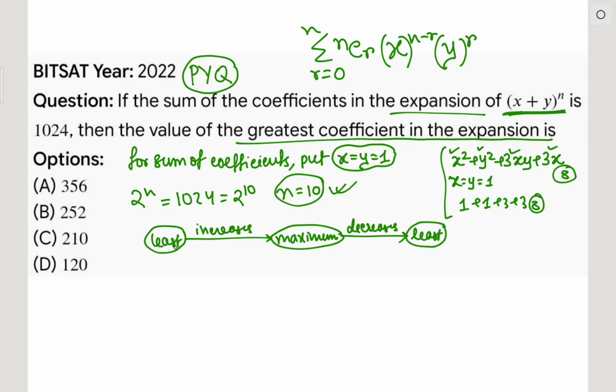So if we go from left to right, first it increases, becomes maximum, and again decreases, and this whole process follows symmetry. Since here n is equal to 10, the maximum value will occur at 10 by 2, that is 5.